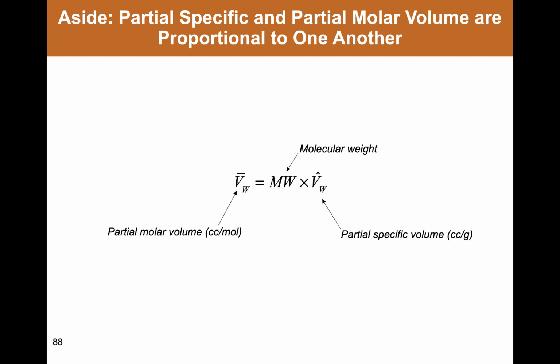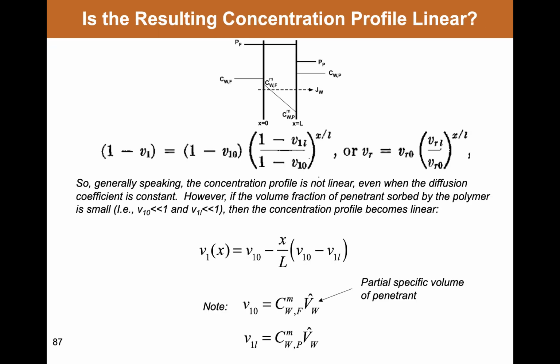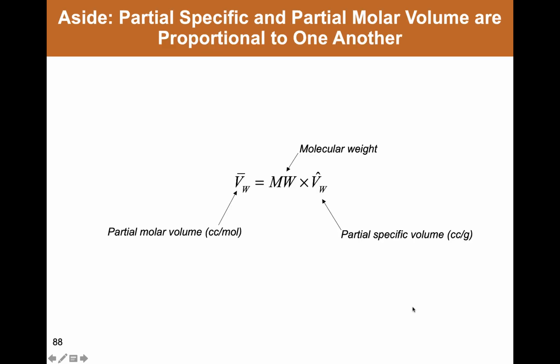Now, Paul is writing everything in terms of volume fraction, and we've been talking in terms of concentrations based upon, for example, grams of penetrant absorbed per unit volume of polymer. Those two are connected by the partial specific volume of the penetrant.